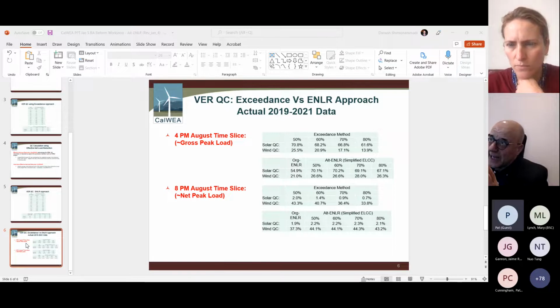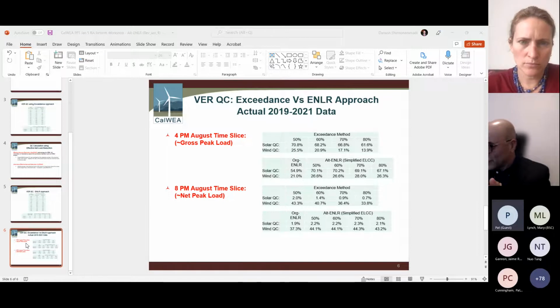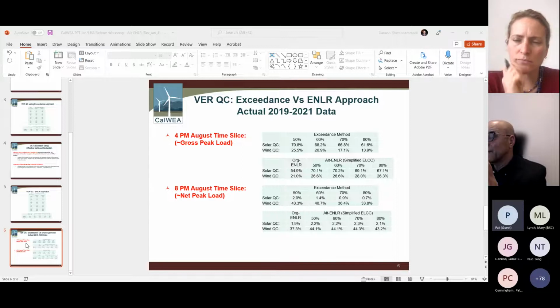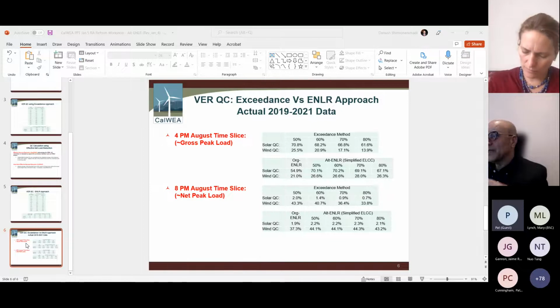So if we calculate these numbers for various resources or resources within a zone, very specific resources or resources within a zone, and do the targeted sampling as we're proposing now, or weighted average as our old method, based on actual system need, then we have qualifying capacity for all these resources sorted out based on whether the system needs it, whether they provide actual QC or not.